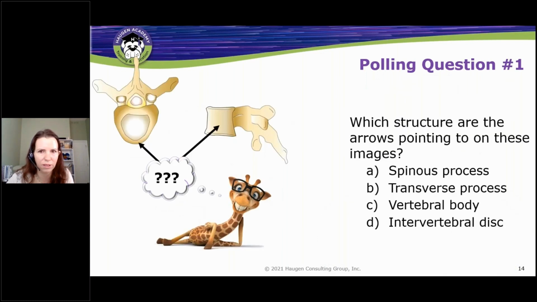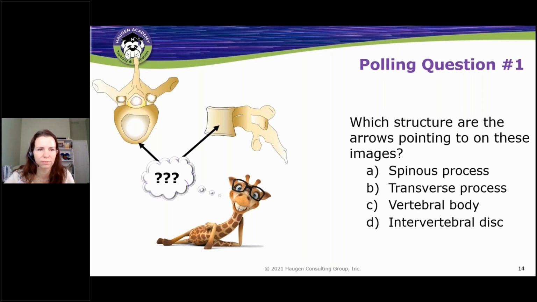And it looks like this brings us up to our first polling question. I'm going to go ahead and read it on the screen so you can see those images, and then I will launch it. So, which structure are the arrows pointing to on these images? Is that the spinous process, the transverse process, the vertebral body, or the intervertebral disc?